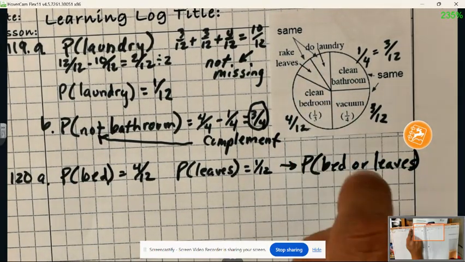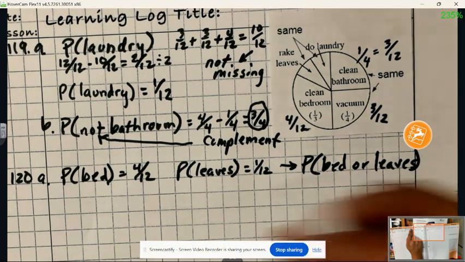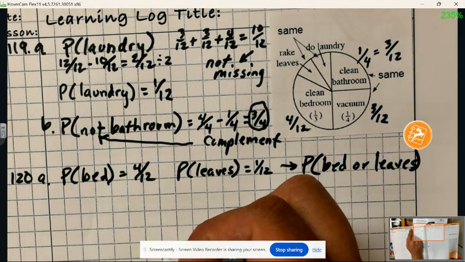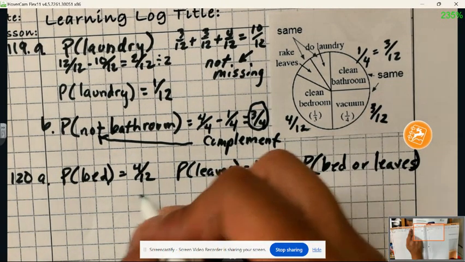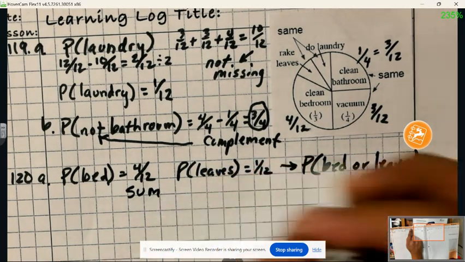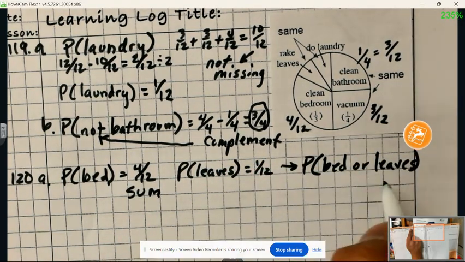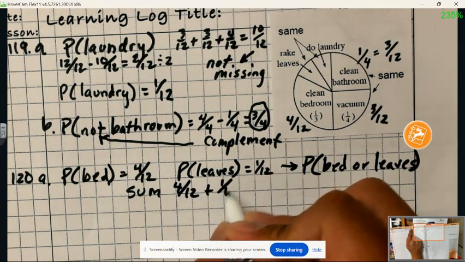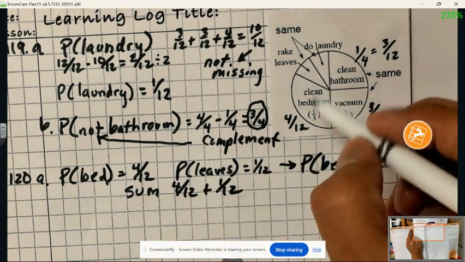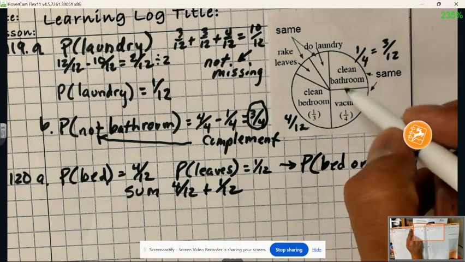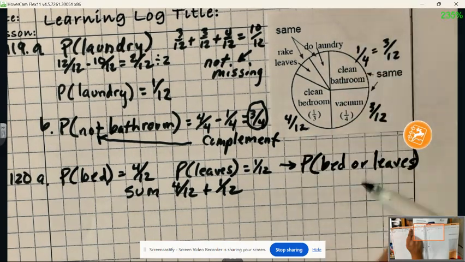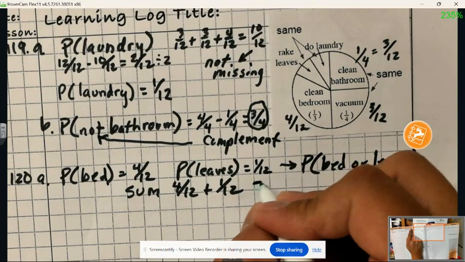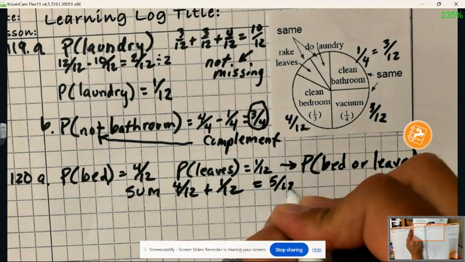So this whole area. And in order to do that, all we need to do is find the sum of the bedroom and the leaves. So that's 4/12 plus 1/12, because remember, both of these would make Aunt happy. Not happy, not happy, not happy. We take those away. So that would give us a 5/12 probability.